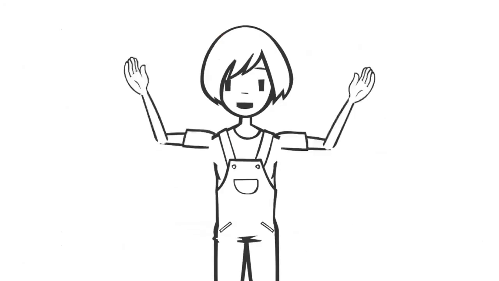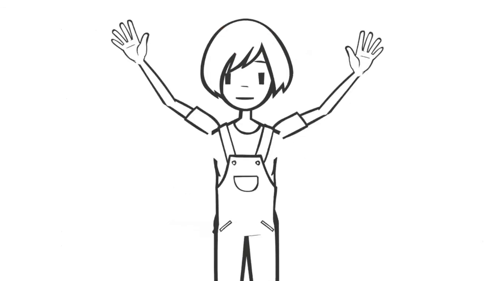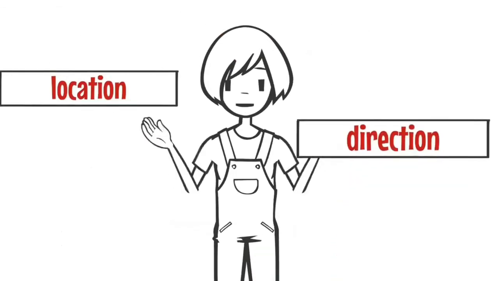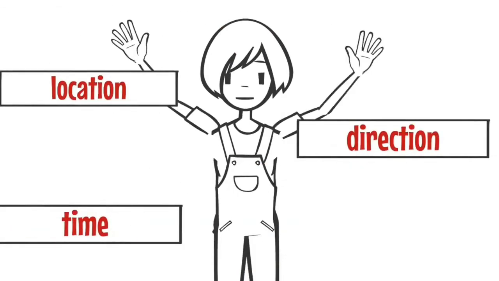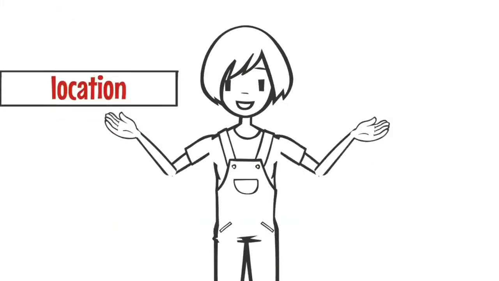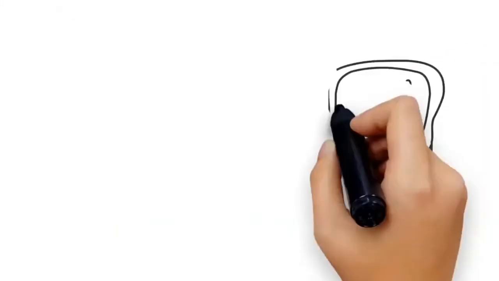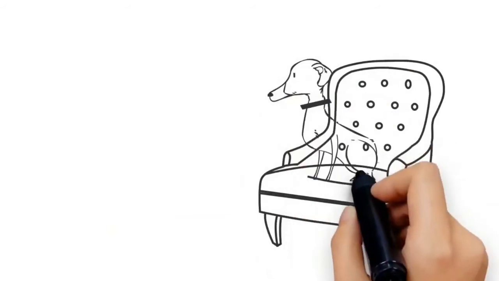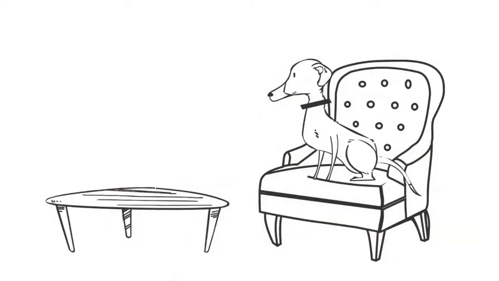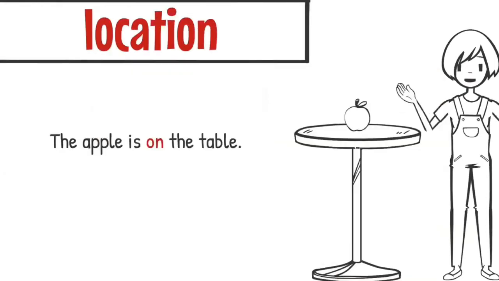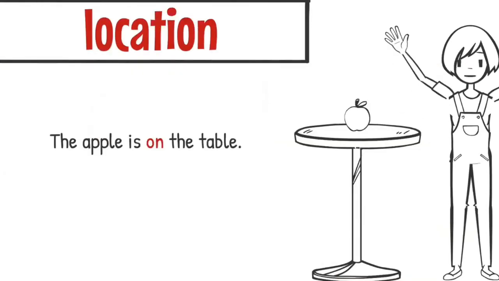The three types are location, direction, and time. First, location. Prepositions of location are words that describe the subject's relationship with the object, based on where it is. For example, the apple is on the table.